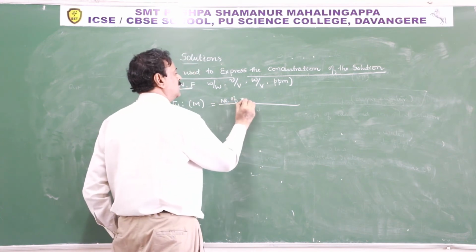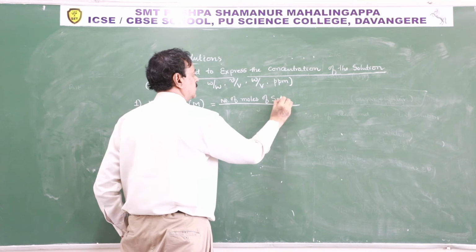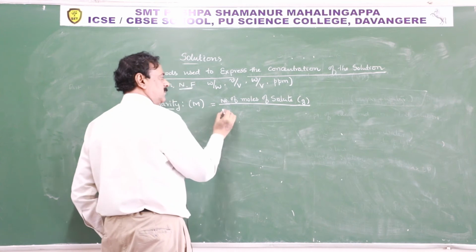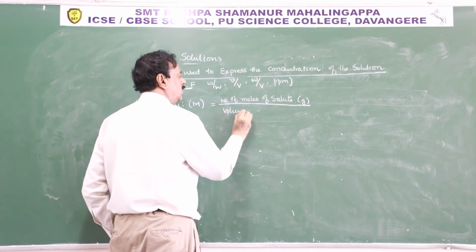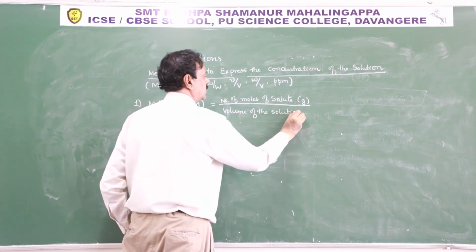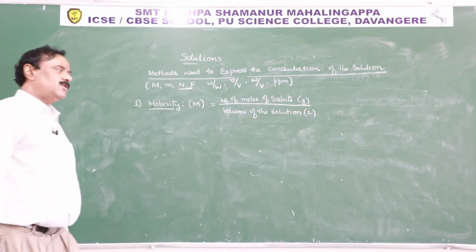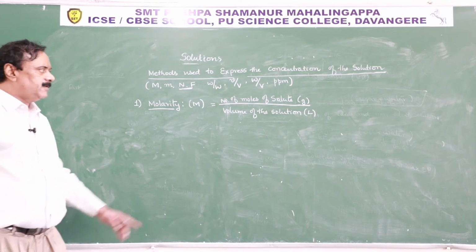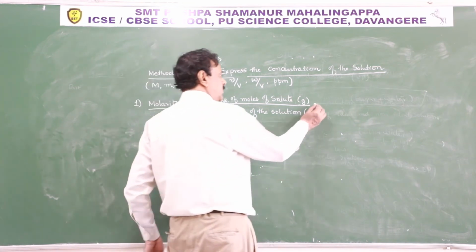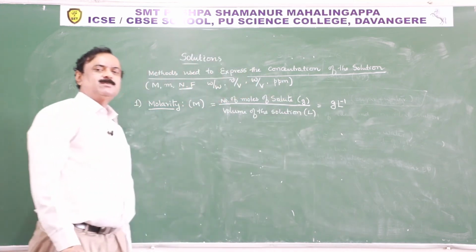Molarity is the number of moles of the solute divided by the volume of the solution, where the volume of the solution is usually expressed in liters, so molarity is expressed in moles per liter.